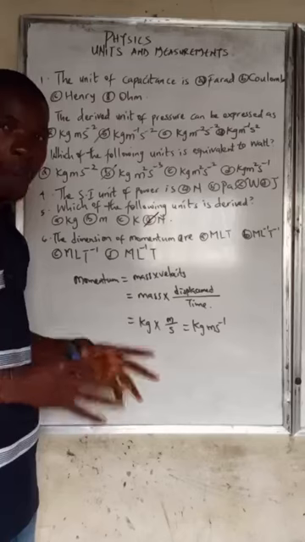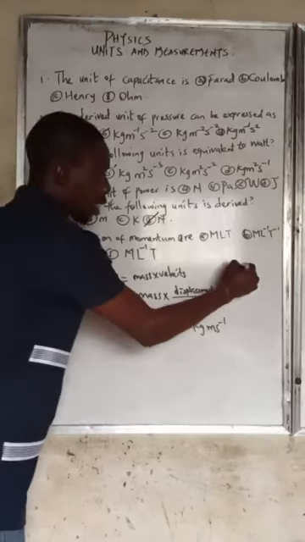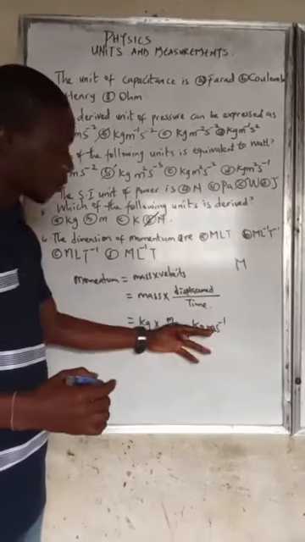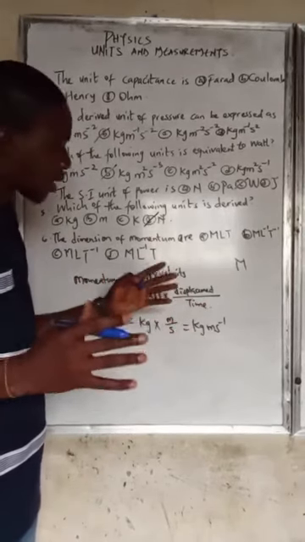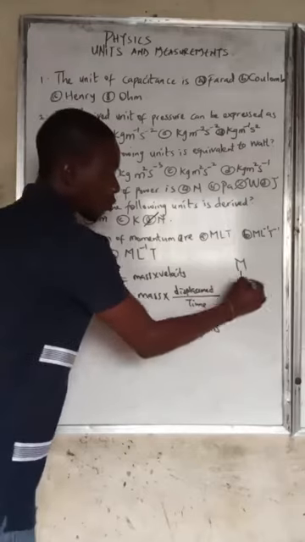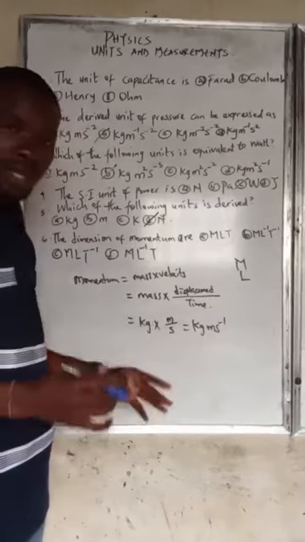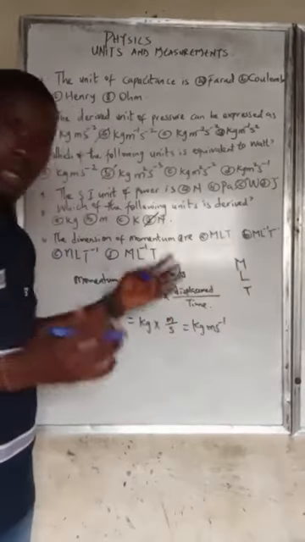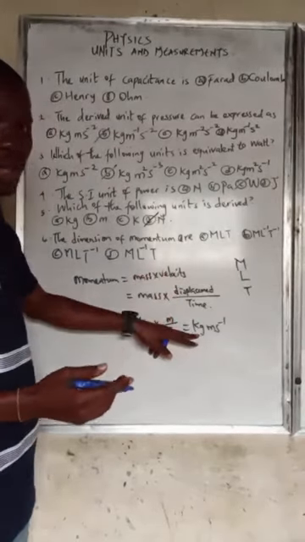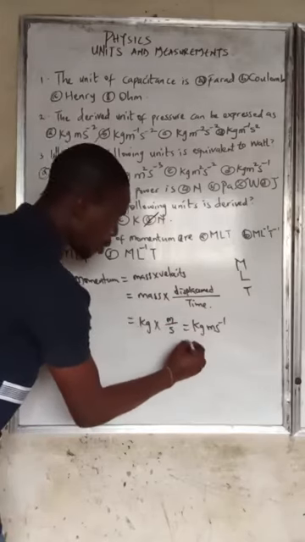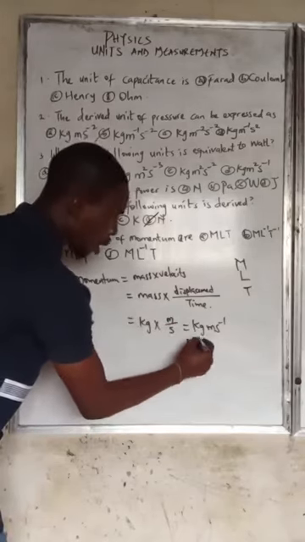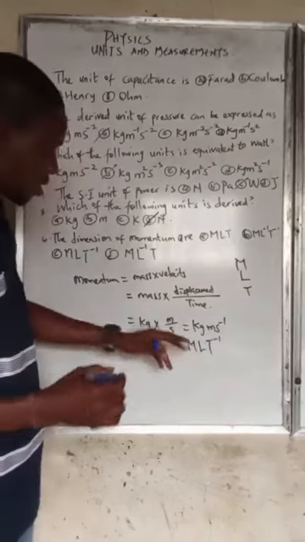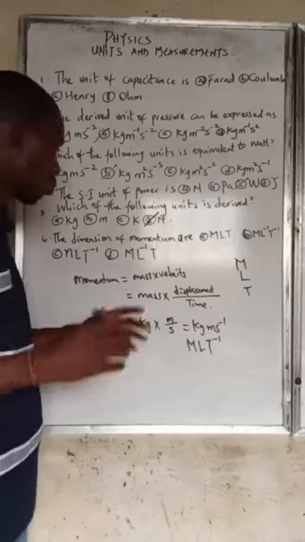Kilogram is for mass, and mass is symbolized by the letter M. The dimension for mass is M. Meter is for length, and it is symbolized L. While s, which is second, is for time, which is symbolized T. So bringing these dimensions into these units, we are going to have kilogram M, meter L, second T to the power minus 1. So this is the dimension for momentum.